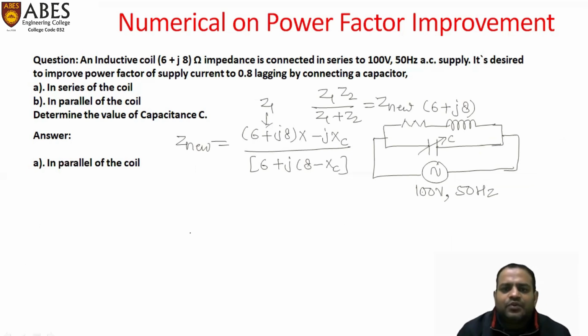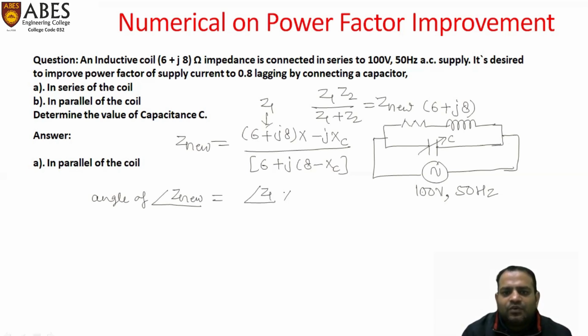This is our new Z. Now we take the angle of this new Z: the angle of Z1 times Z2, and the angle of Z1 plus Z2. So the complete angle we take here.